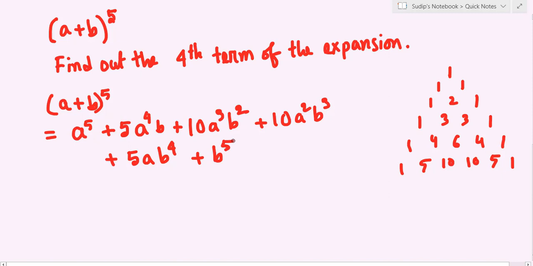This will be the expansion of the given binomial expression.